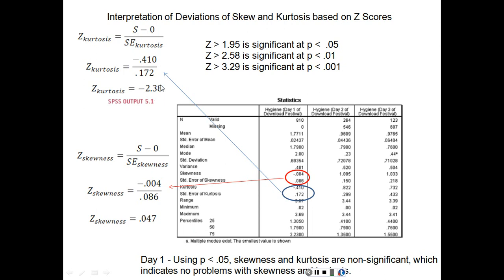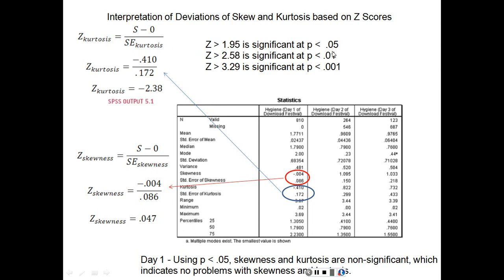So once you get this number here, now you have to determine if it is significant or not. And these are your indicators. We have our different p-values. You choose what p-value you would like to use. I'm going to choose 0.05. So if my z-score is greater than 1.95, that means that it's significant.